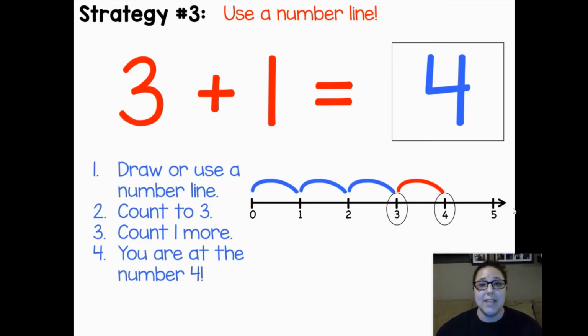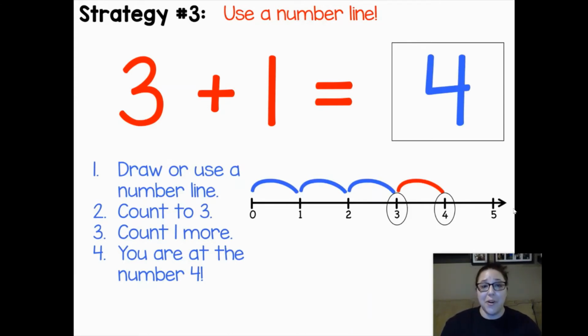Let's look at this example. 3 plus 1 equals 4. When I use my number line, I'm going to look at the first number in my number sentence. That is the first number, 3, in this number sentence. I am going to start at the 0, and on my number line, I'm going to jump 3 jumps. 1 jump, 2 jumps, 3 jumps.